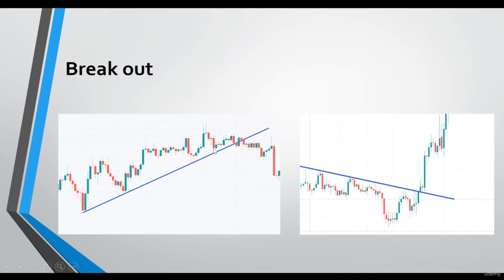But finally, at this point, we can see this support fails and the price goes under this line and everything changes here. What does it mean? It means we have a breakout and the price is going to decrease. From this part to this part we have a bullish trend, but after breakout we can expect the bearish trend.